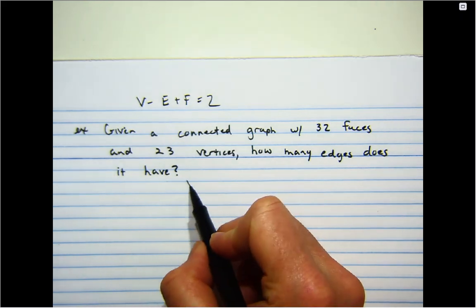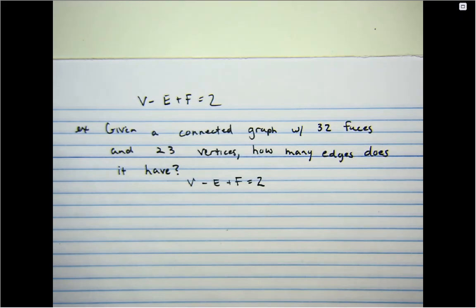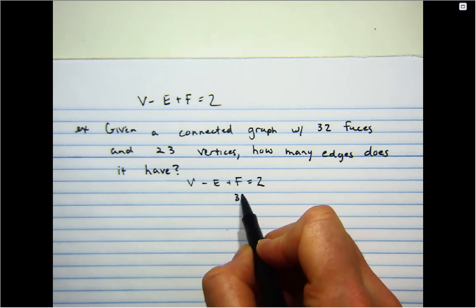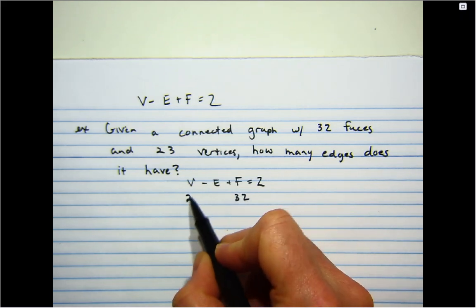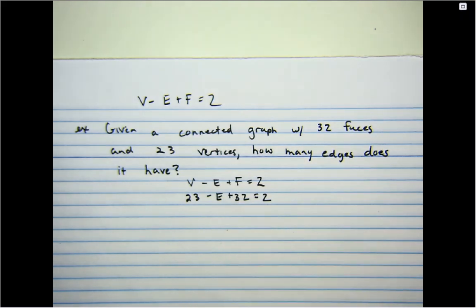So you'd start with v minus e plus f equals 2. And then you'd fill in what you know. So 32 faces, 23 vertices, and we're looking for the e. Okay, so you fill in the two numbers that you do know.